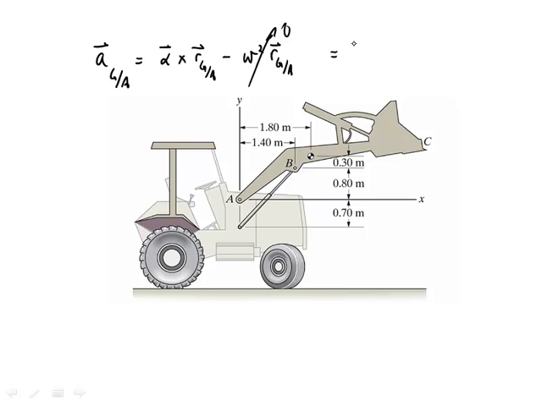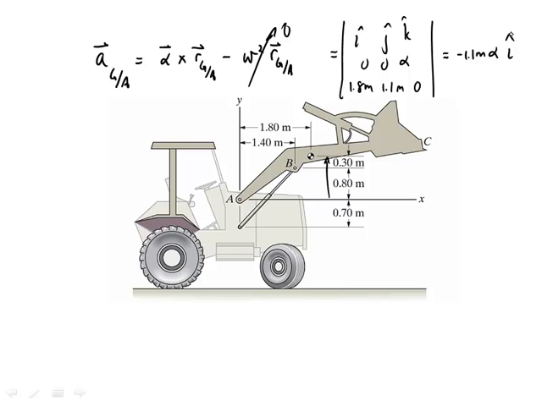and so the acceleration of G with respect to A is equal to the determinant i, j, k, 0, 0, alpha, and then in the x direction it's 1.8 meters, in the y direction it's 1.1 meters, and then 0 in the k. And so this equals 0 minus 1.1 meters alpha in the i hat direction, but that's a sub x, and then plus 1.8 meters alpha in the j hat direction, and that's a sub y.